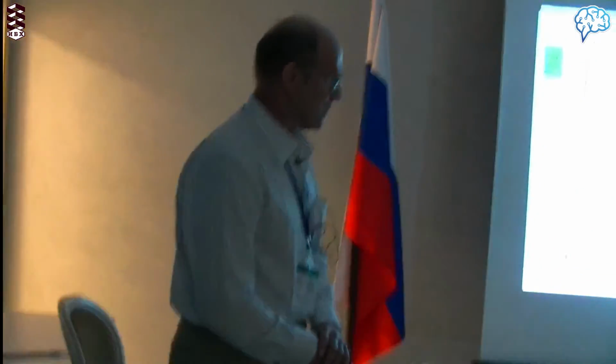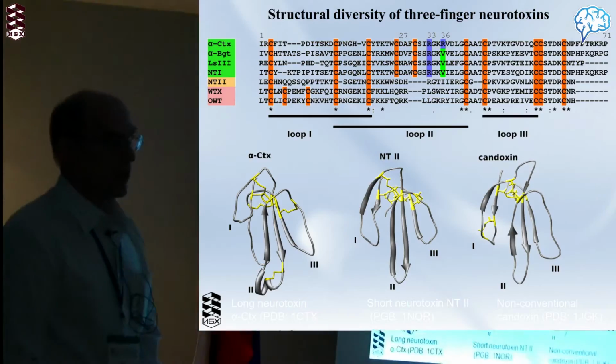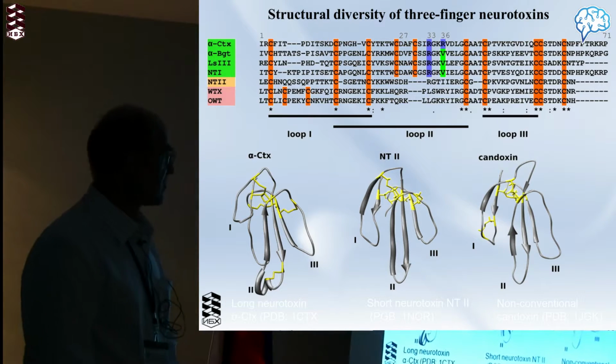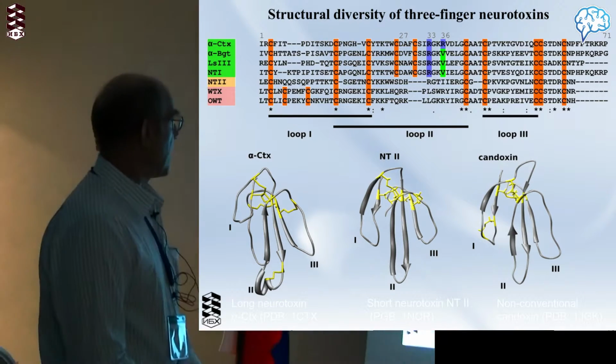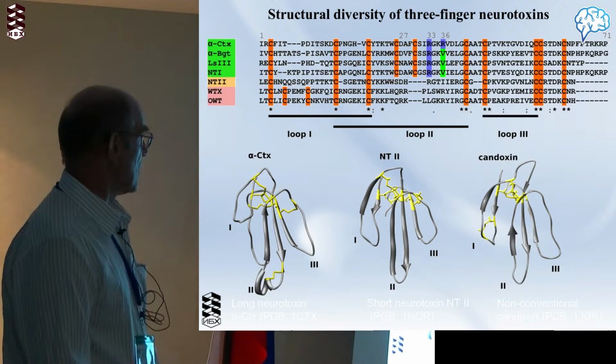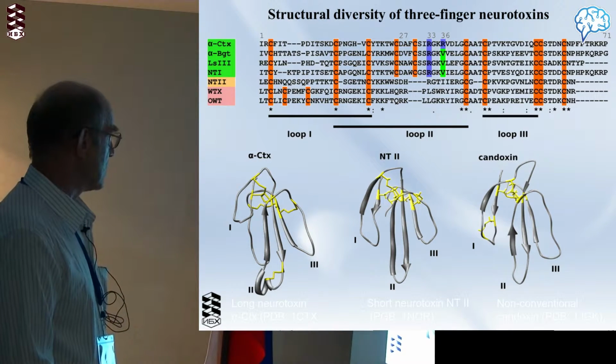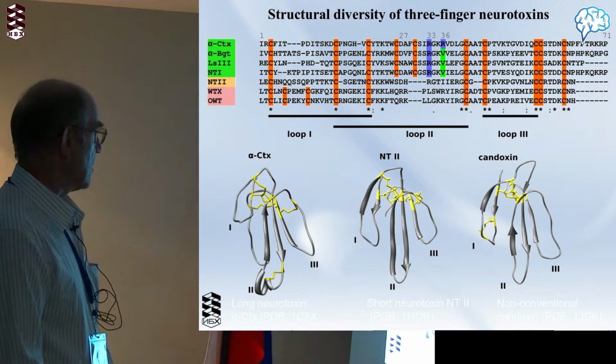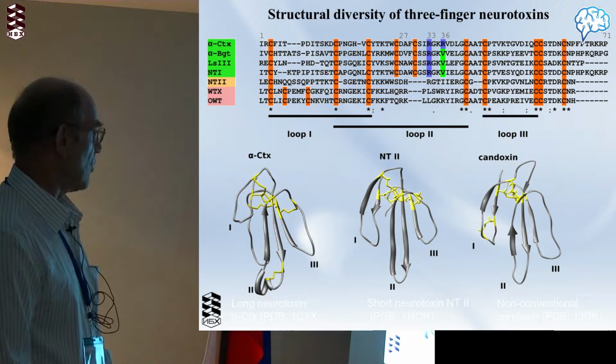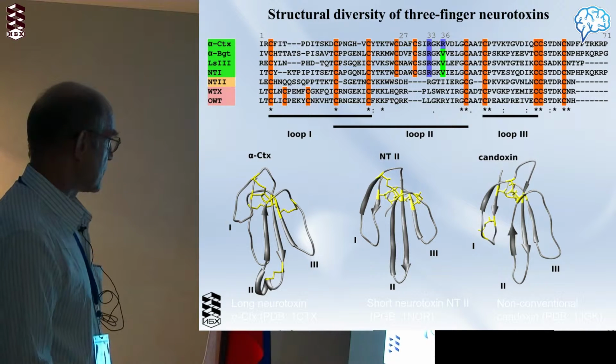These toxins include many types, and those which have been used for receptor studies are represented by three-finger neurotoxins. There are several types of three-finger neurotoxins, and they differ by amino acid sequence and the number and position of disulfide bridges.